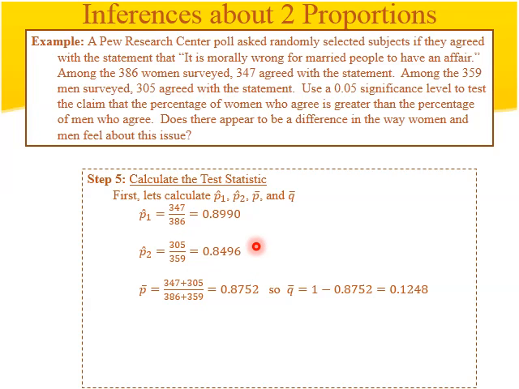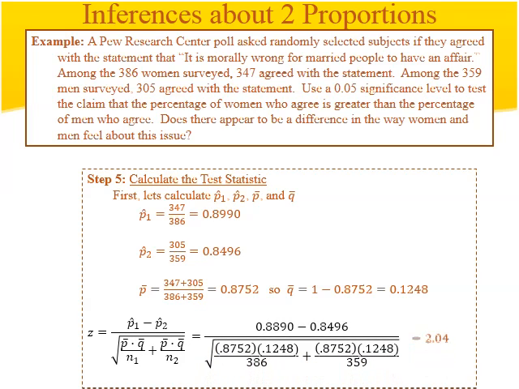Now, just based on our sample, that appears to be the case. But of course, what we're doing in all these sections since Chapter 8 is looking at our test data and saying, is that difference enough to say that this may be true for the entire population? So let's throw these into our test statistic, and I calculate this to be a test statistic of 2.04.